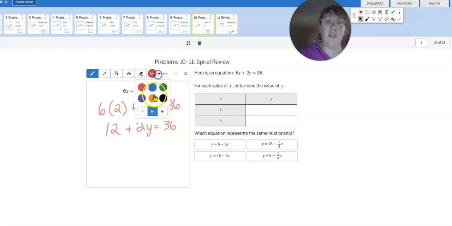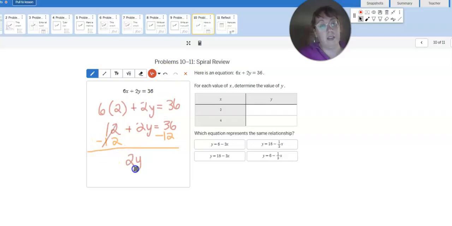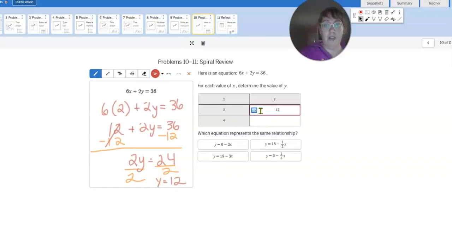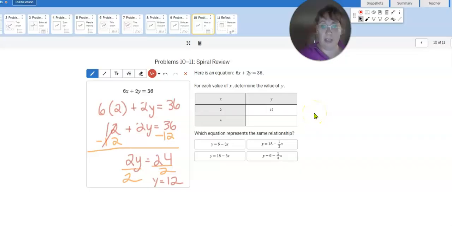We're trying to solve for that y coordinate, so we can subtract 12 on both sides. And we get 2y equals 36 minus 12, which is 24. And then divide both sides by 2. 24 divided by 2 is 12. So when x is 2, y is 12.